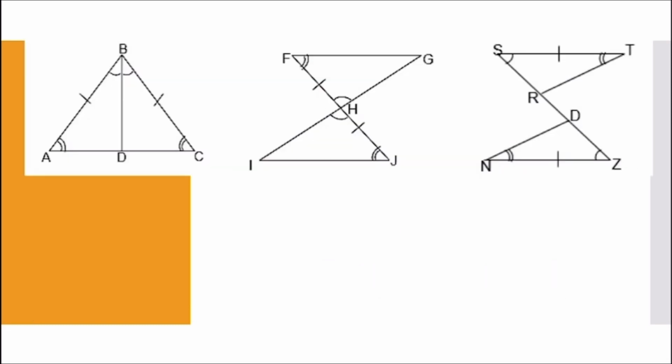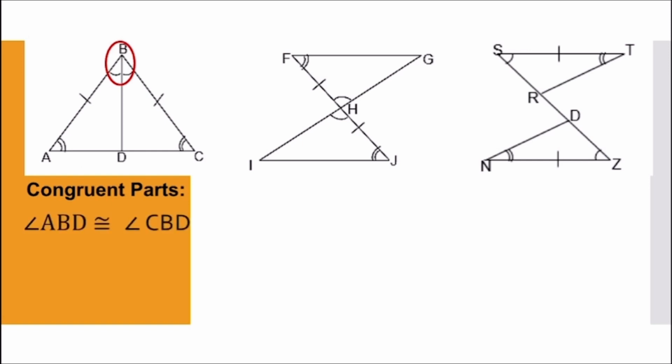Congruent triangles using ASA congruence postulate with corresponding congruent parts. For the first figure, let's identify the congruent parts. Angle ABD is congruent to angle CBD, which is our first pair of congruent angle.